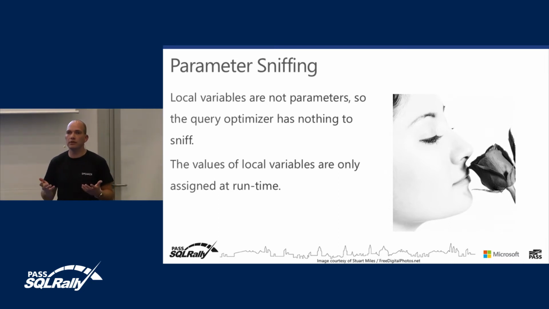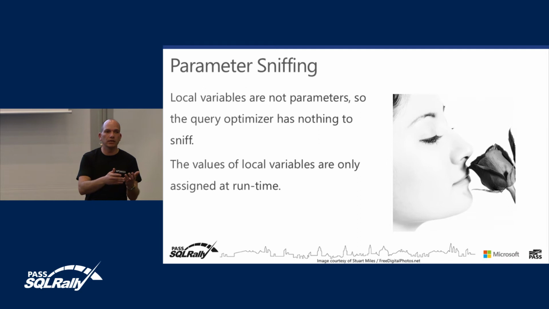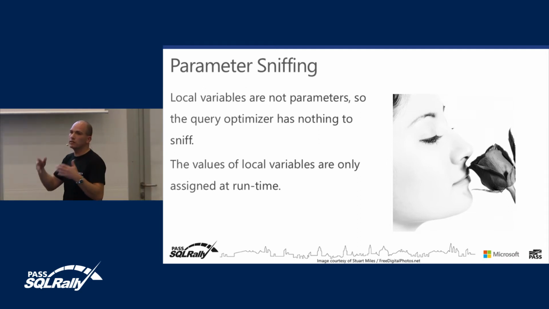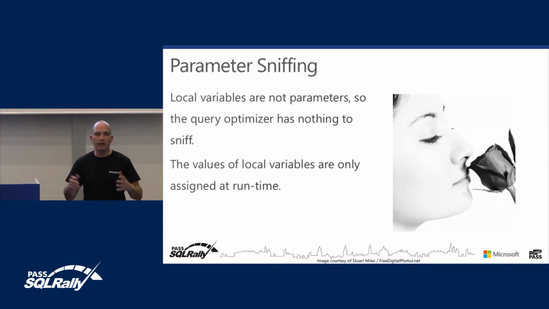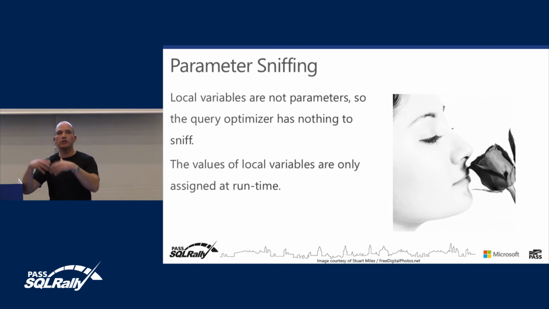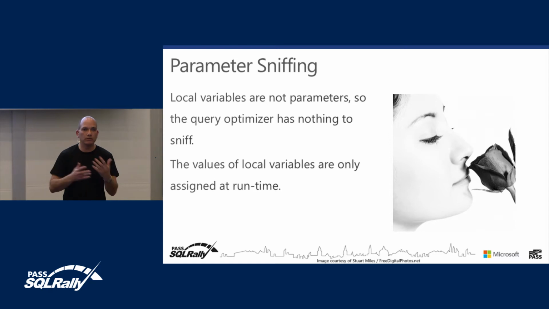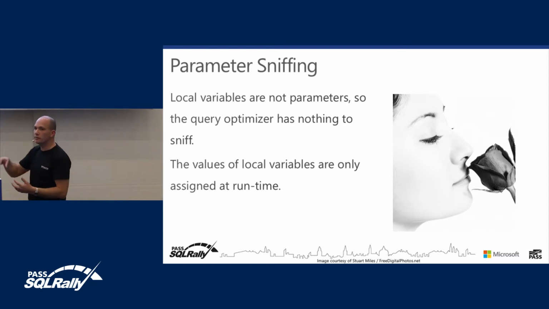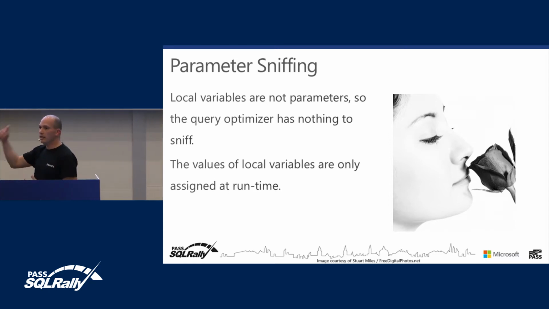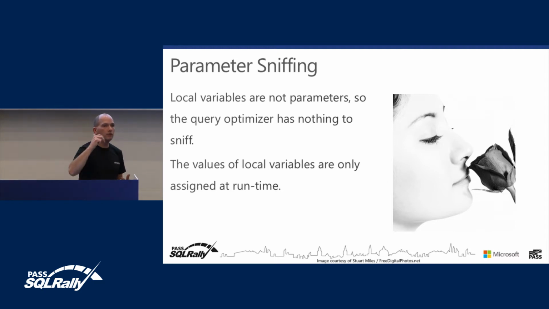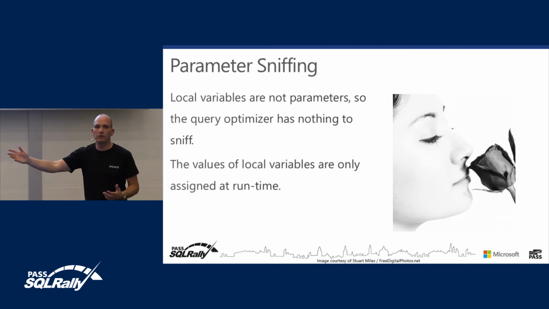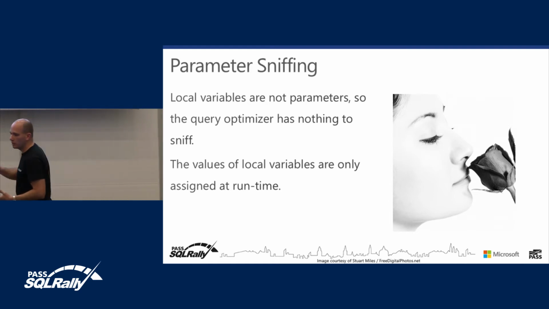It has to do something in order to estimate the number of rows. What it does is use general statistics on the table and estimate the average number of rows per value in the table, without taking into consideration the specific value in this execution. In our case, the average was 5,000 and something, which is very wrong in this specific case.